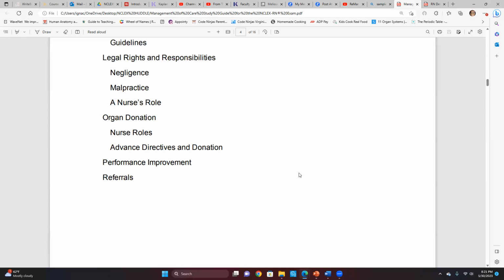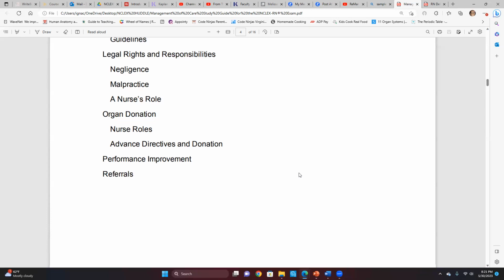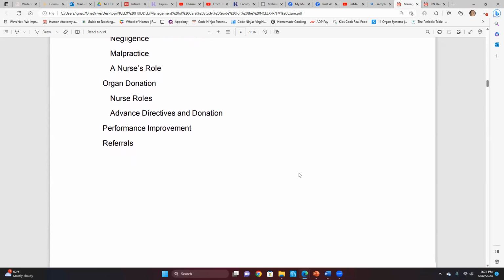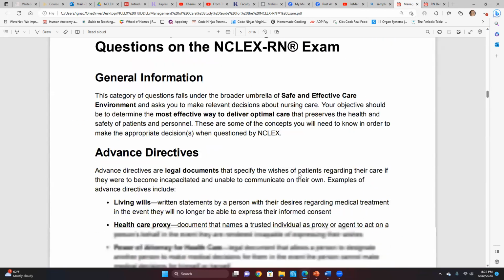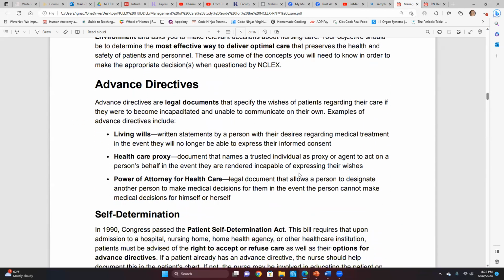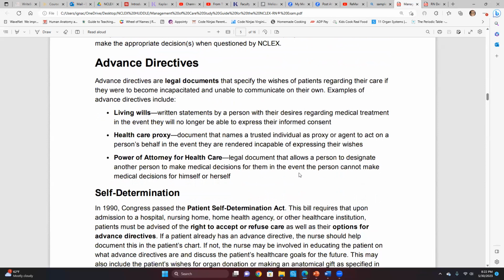I'm still probably butchering that word. Justice, equality, veracity, those are all words that we have to know the meaning of when we talk about ethics and that kind of thing. All right, so this is just some intro information. So let's jump in with advanced directives.